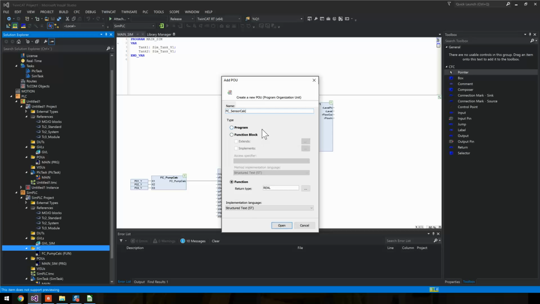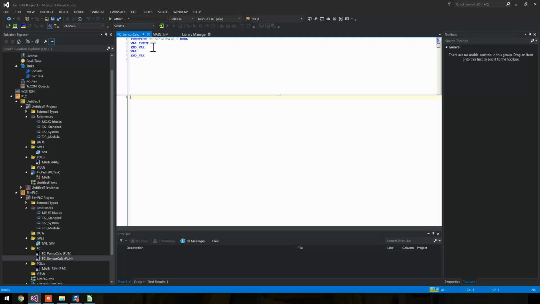Sensor calculation. Let's use text again. So now we'll be returning 5 Boolean sensor values, so this one doesn't really need to be anything, because we'll be adding an output struct. So let's add all the 5 sensors.